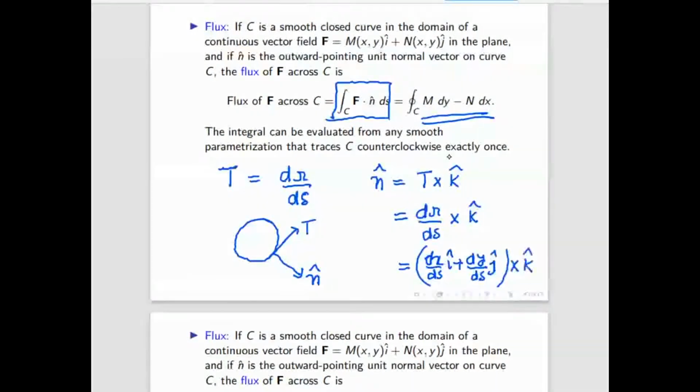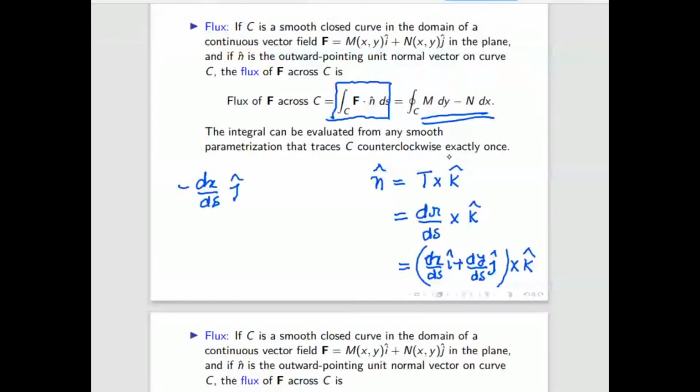So what will be the cross product of this r with this k? i cross k is what? It will give minus j. And j cross k will give i. So this is the value of the unit normal.